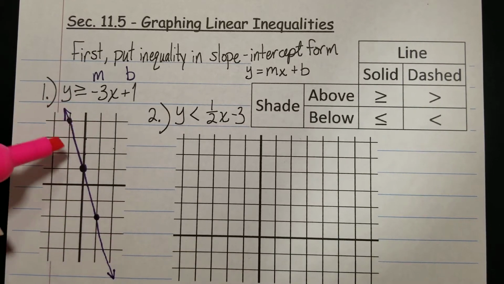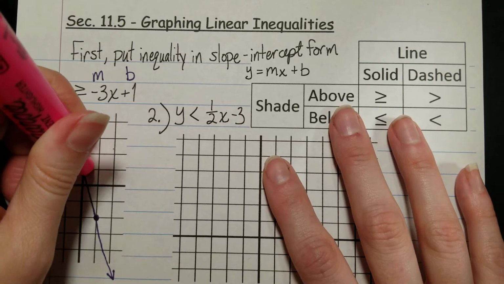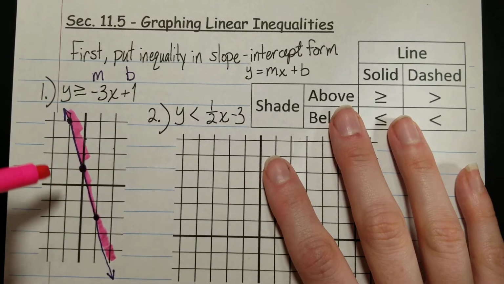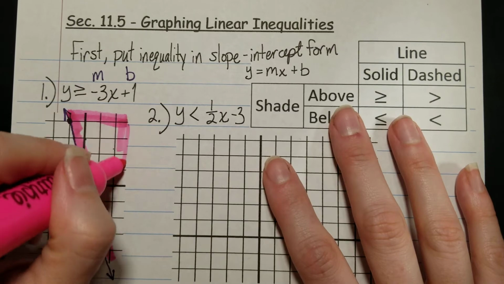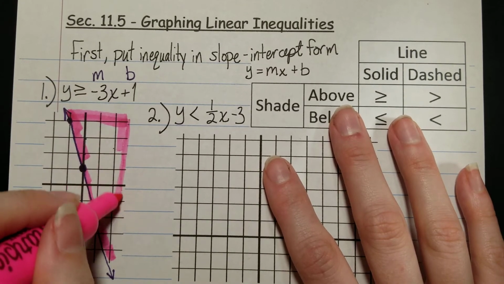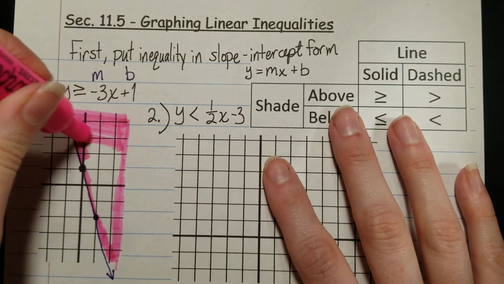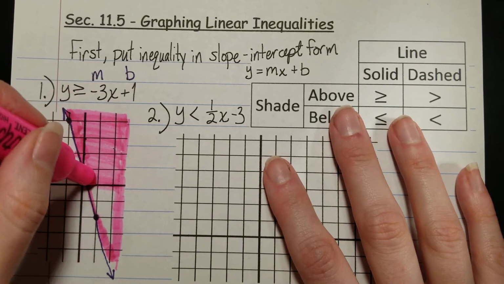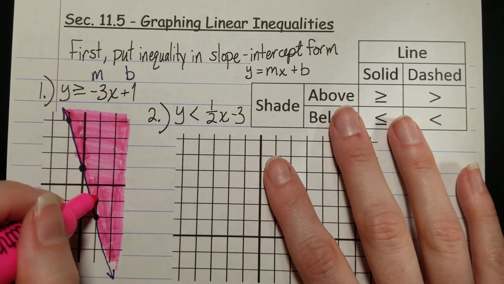So this whole side of the graph over here. A lot faster just doing it on the computer with a little fill tool. Okay. All right, so that's basically it.